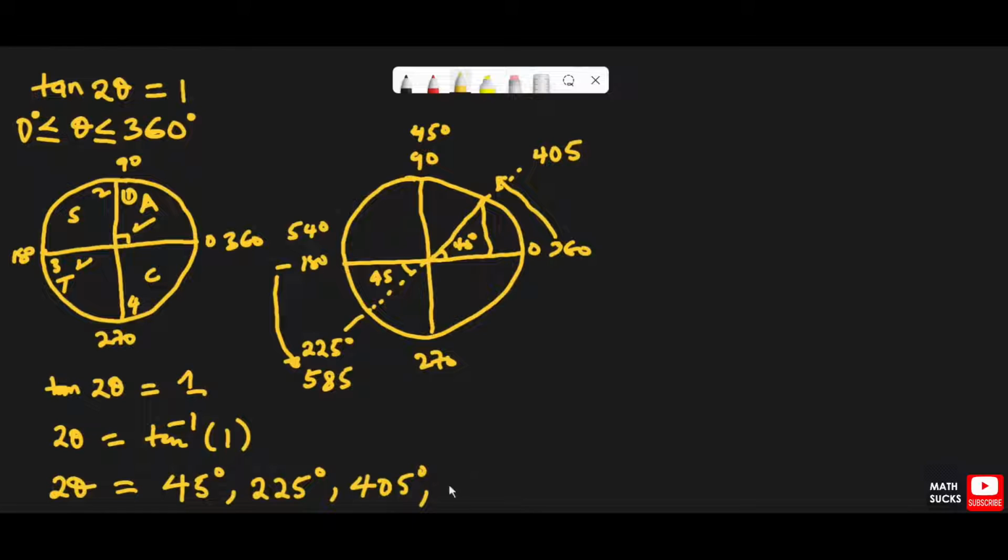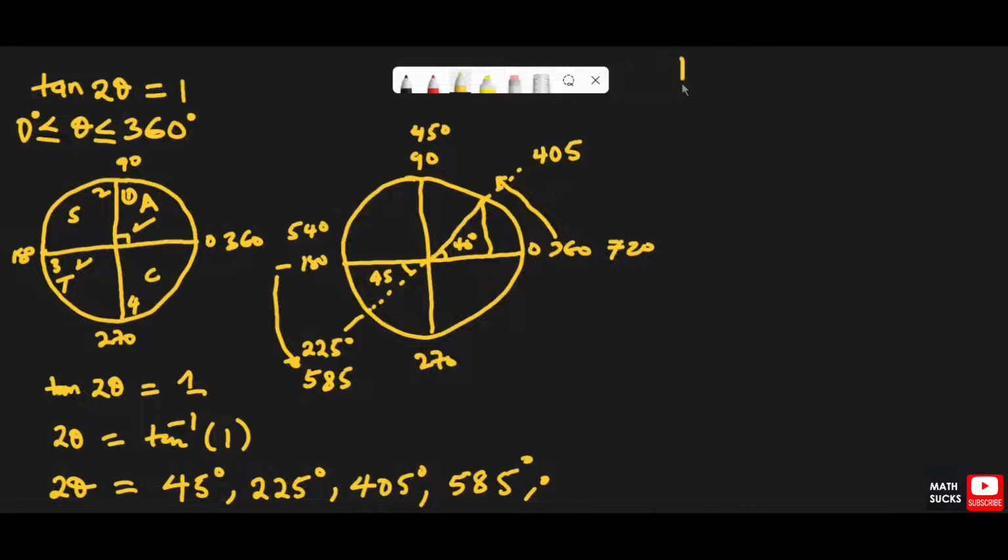So this is another possible angle, 585 degrees. Observe that if we move further and come back here, this is going to be 720, which is 2 times 360. If we divide 720 by 2, it will be 360, and if we go back one more round, it will be larger than 360 even if we divide by 2. So our possible angles for 2 theta stop here.